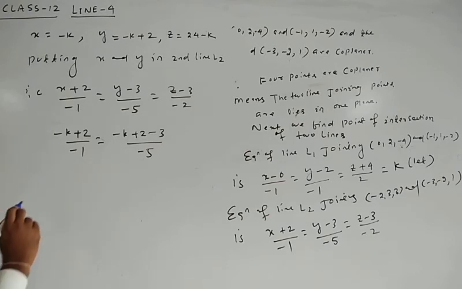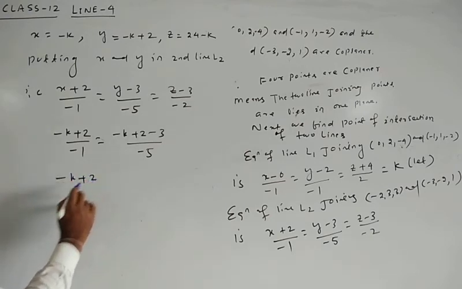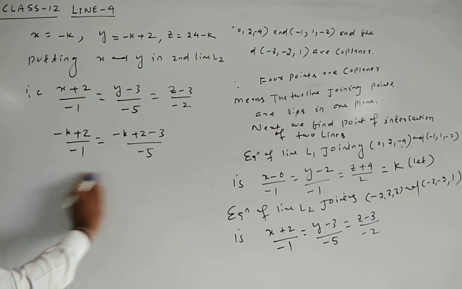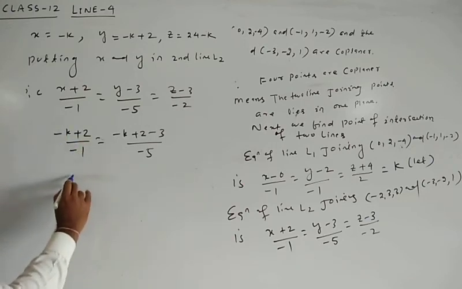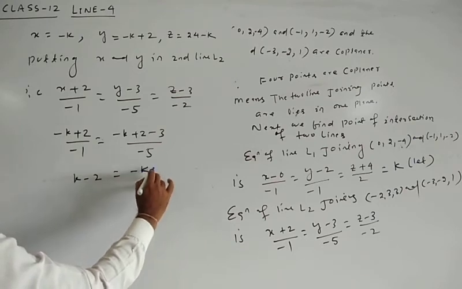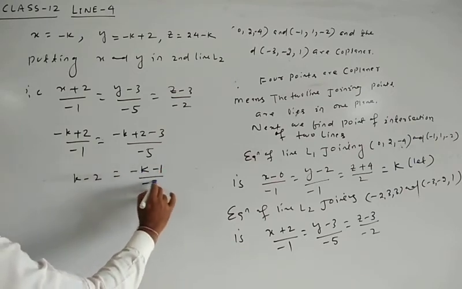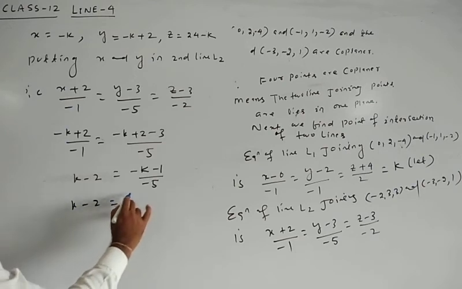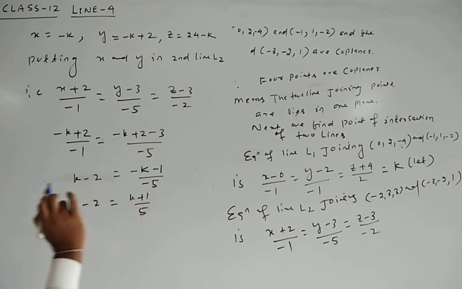So this is equal to k - 2 on the left, and (-k - 1)/(-5) on the right. That is, k - 2 is equal to (k + 1)/5.